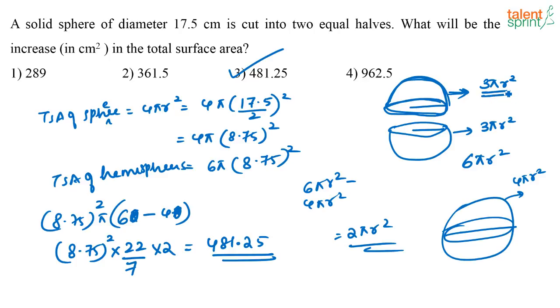That's how you get 3 pi r squared as the total surface area of a hemisphere. Here, when you split a sphere into 2, you have 2 hemispheres. So, first one's total surface area is so much, second one's total surface area is so much. Put together, the total surface area of the 2 hemispheres is 6 pi r squared. That's how I take. Okay.